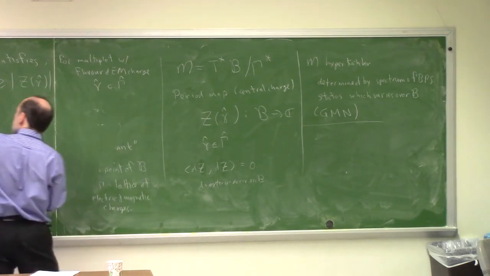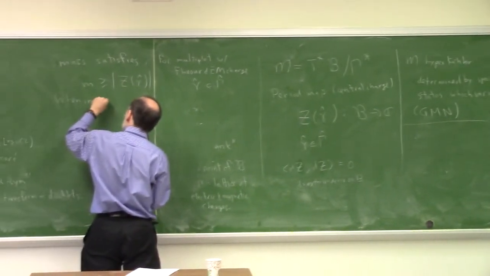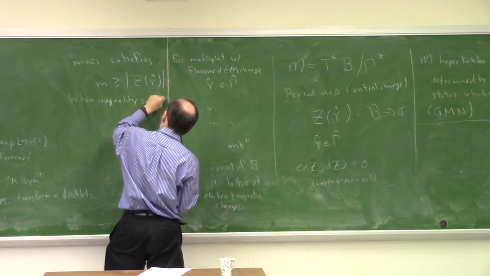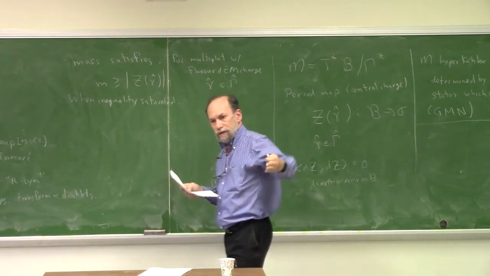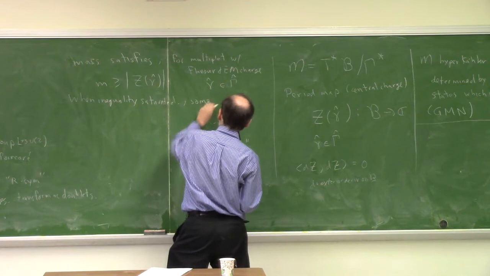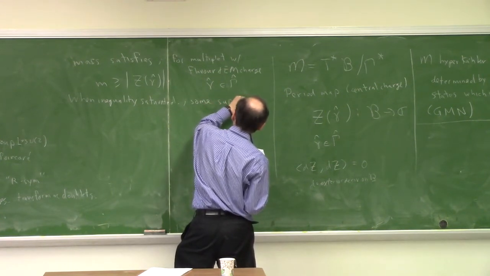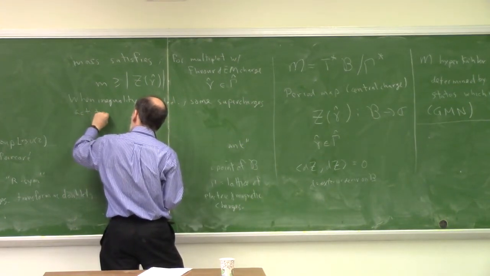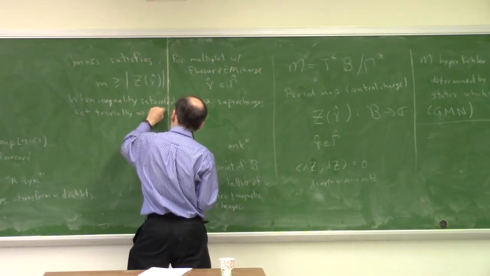When this inequality is saturated, some of the supercharges actually act trivially. So we get a short multiplet.